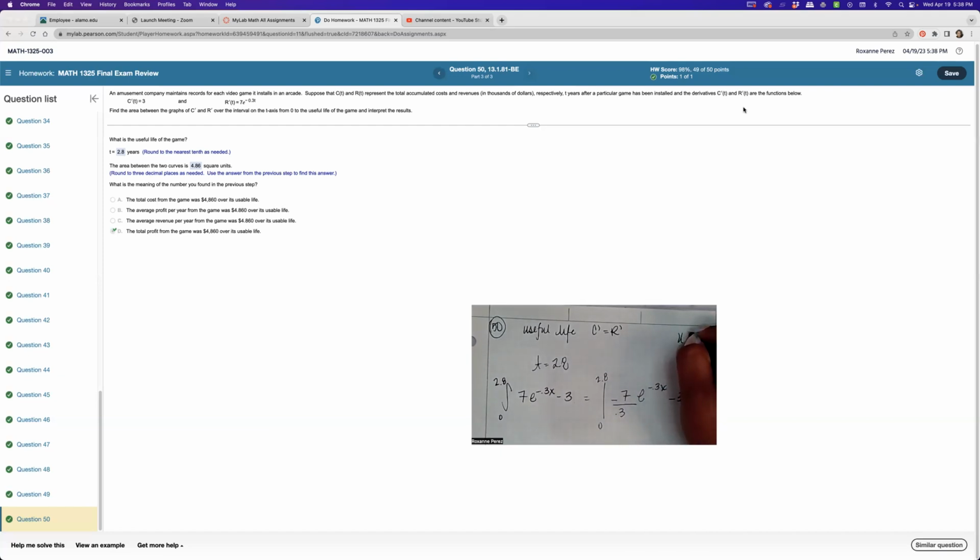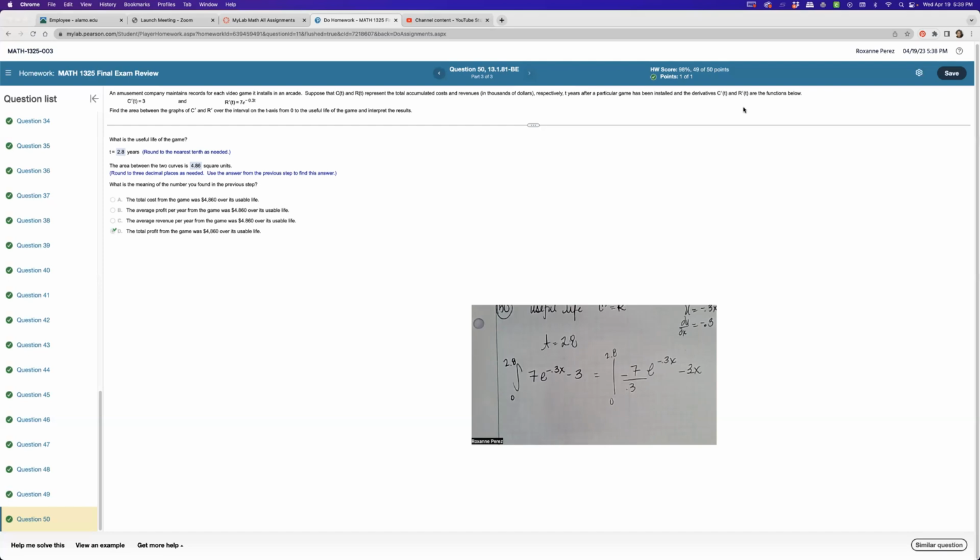Your u is negative 0.3x, your du dx is negative 0.3. This is how you end up with this negative 0.3 in your denominator. Okay, so again, when we evaluate this, I'm going to plug this in the calculator, not doing it by hand. You're going to get negative 18.47 minus negative 23.33, and that's going to give you a total area of 4.86.